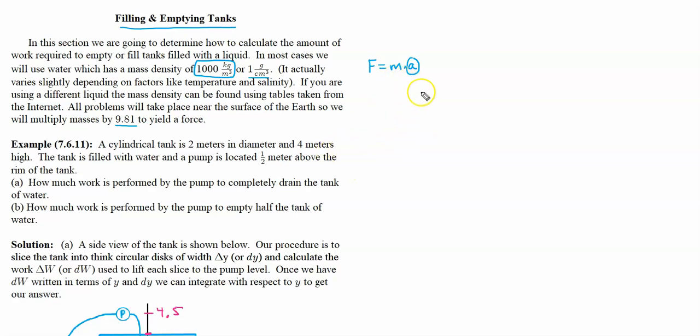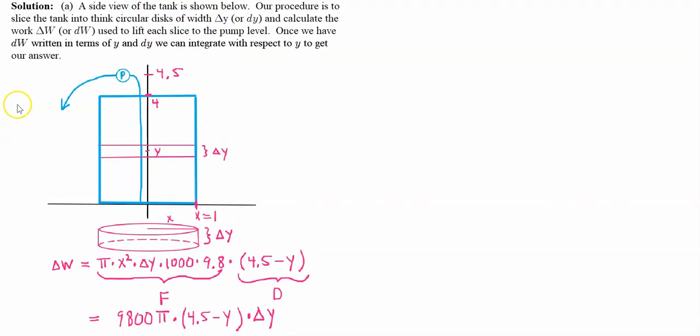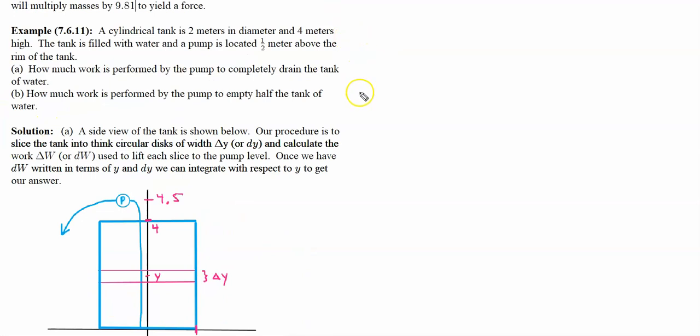Now, let's take a look at this example to give you an introduction to these problems. In this example, we have a cylindrical tank that is 2 meters in diameter and 4 meters high.